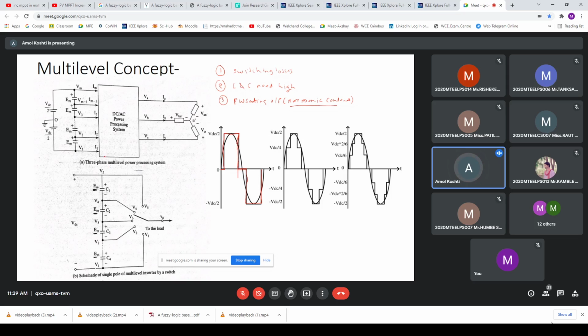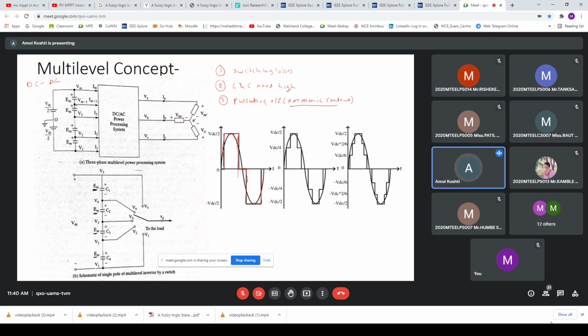Okay, so you can see this. Here we have the input DC voltage. As inverter operation we know it is DC to AC operation, so obviously our input is DC. That DC is first connected to the capacitors.